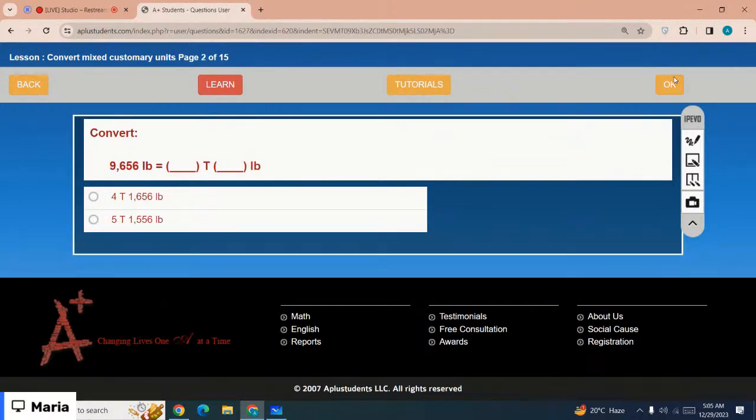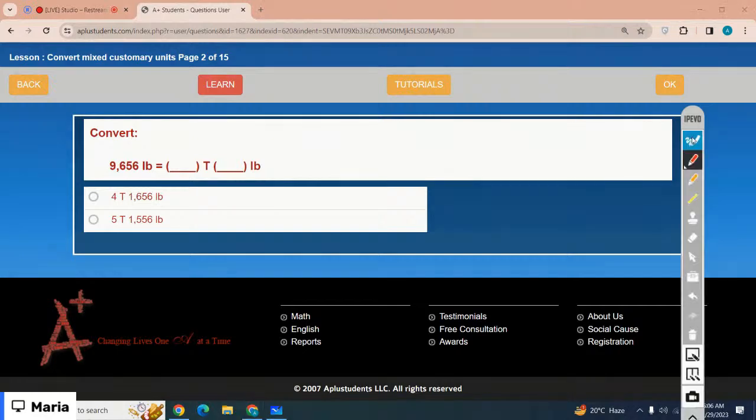The next one is you have to convert from pounds to tons. We know that 1 ton equals 2000 pounds.